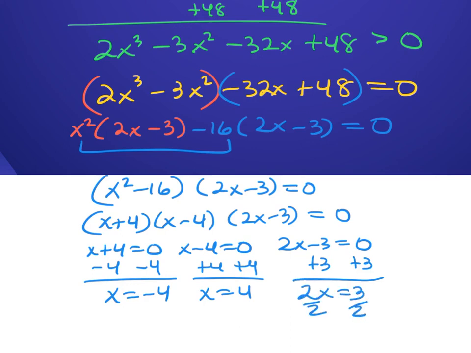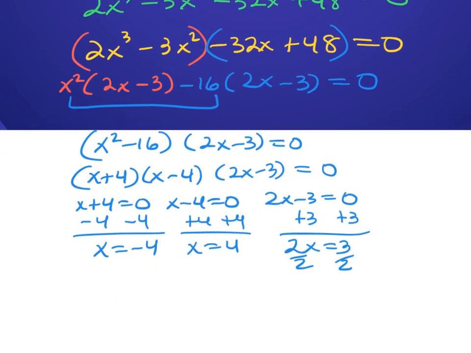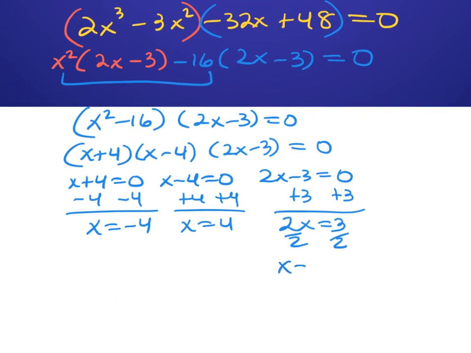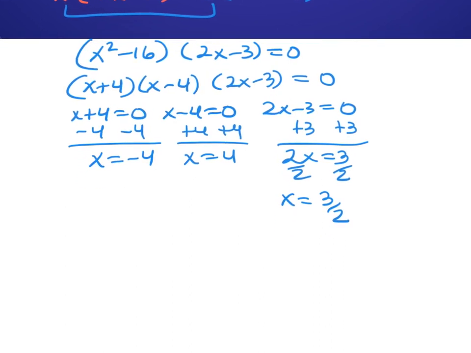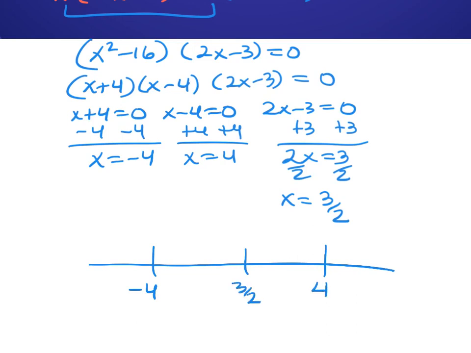Divide by 2. And x equals 3 over 2. I'm now going to add all 3 numbers to my number line, and it's going to break it into 4 sections. So here, the negative 4, then the next thing will be the 3 over 2, and then the positive 4. You can see that 0 is going to be located here.